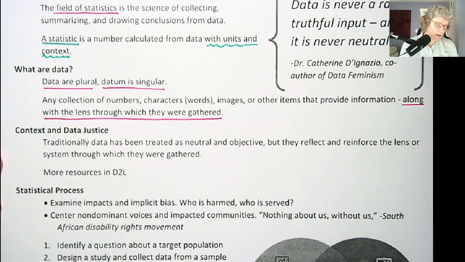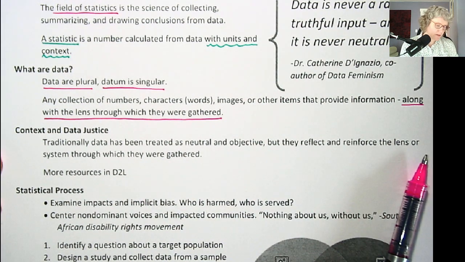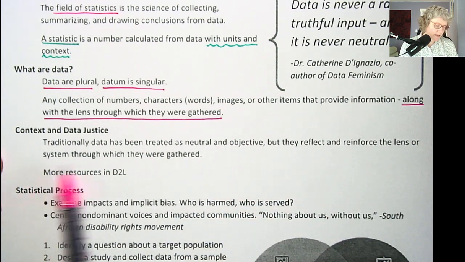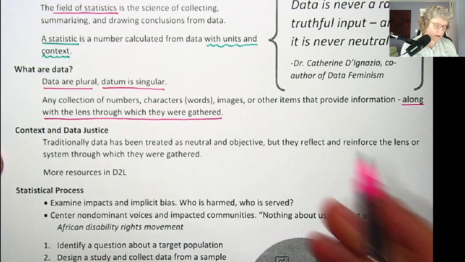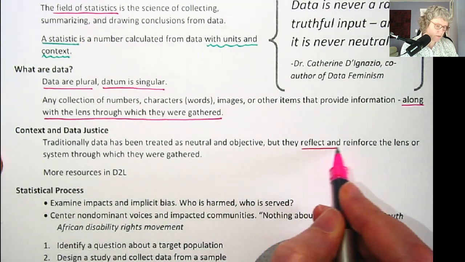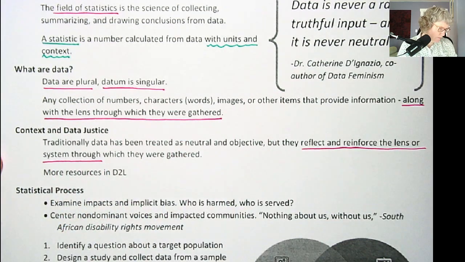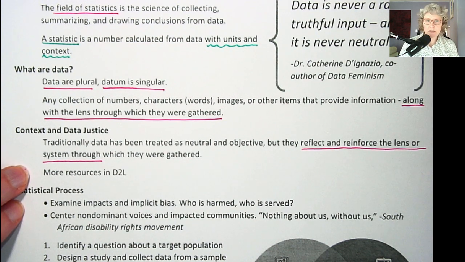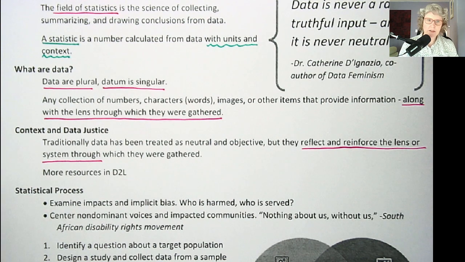Data often reflect and reinforce the lens or system through which they were gathered, so it's really important to recognize that. Our next video will be on data justice, and there are more resources on that in D2L.